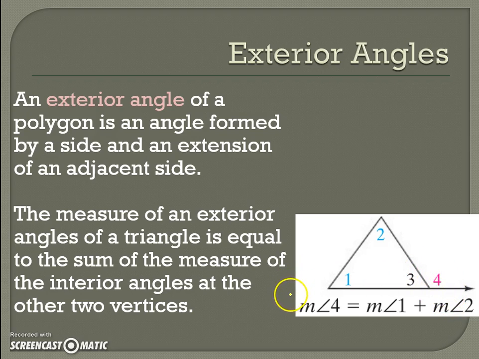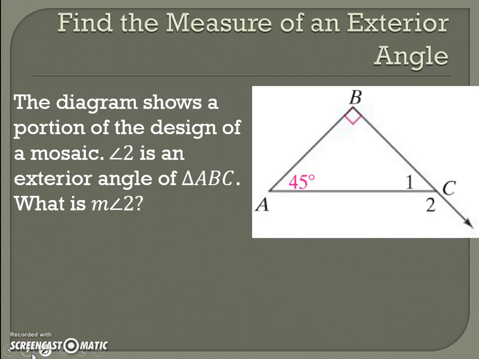The measure of an exterior angle of a triangle is equal to the sum of the measures of the interior angles at the other two vertices. So this angle 4 right here is an exterior angle, and it is going to equal 1 plus 2. That's because the sum of angles is 180. It makes it supplementary. This is a straight line, which is 180. So make sure you have all of this copied out.